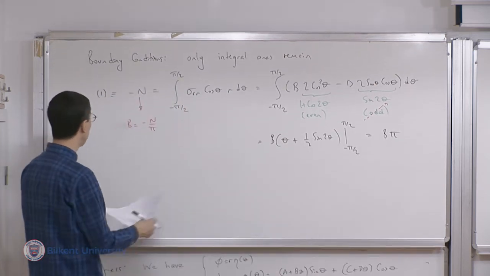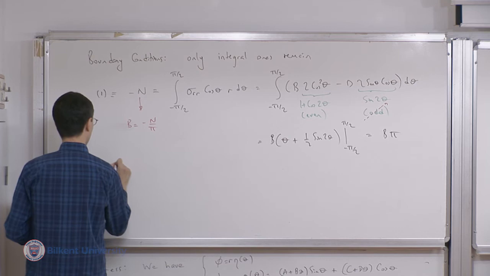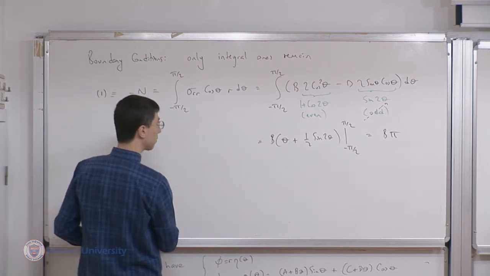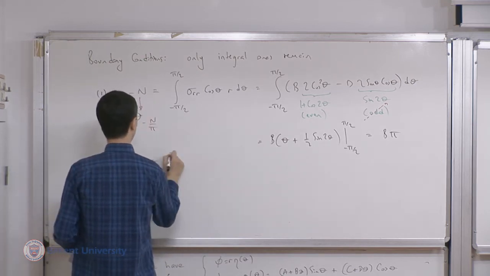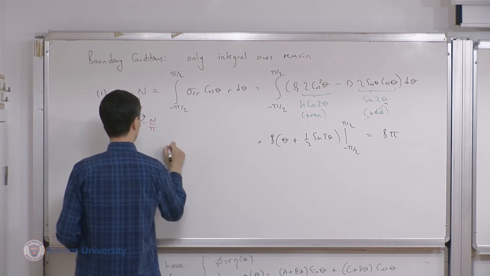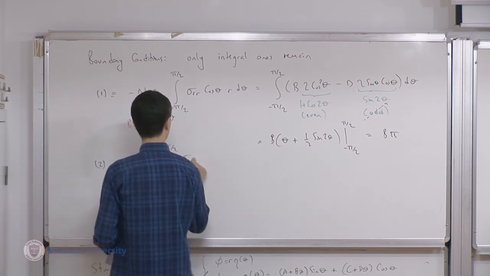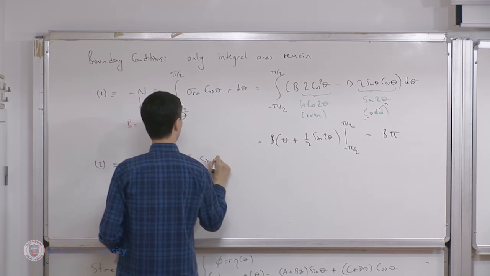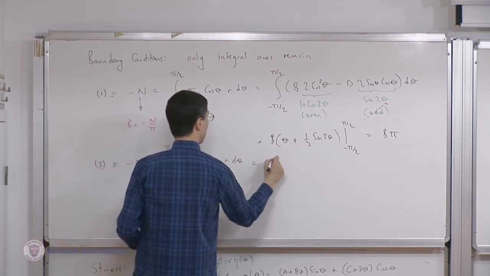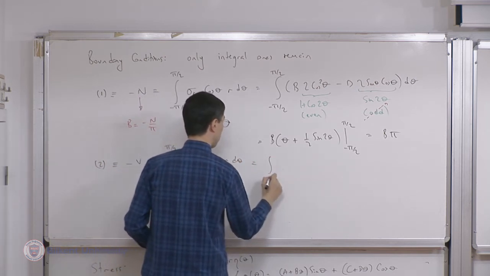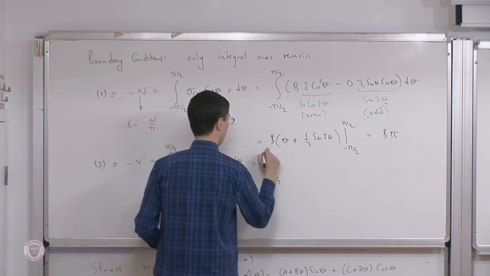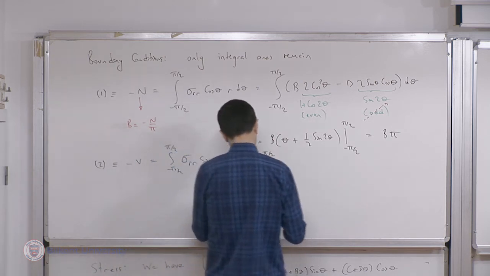Let me go ahead and squeeze in the second expression here. So the second one says that minus V is equal to, again, the integral from minus pi over 2 to pi over 2, this time of sigma rr sine theta r d theta. And again, I'm going to go ahead and plug in the expression for sigma rr.